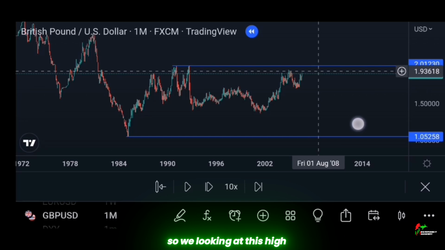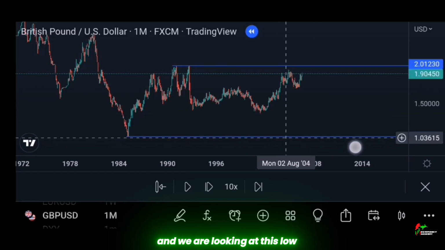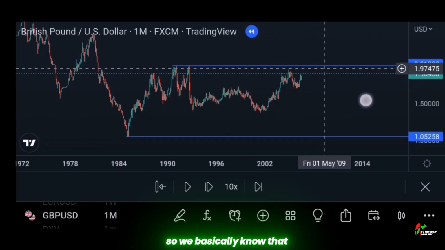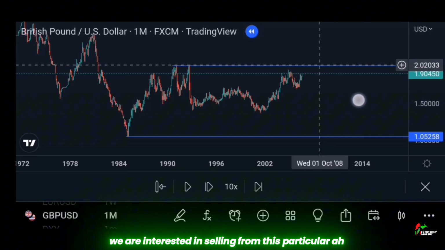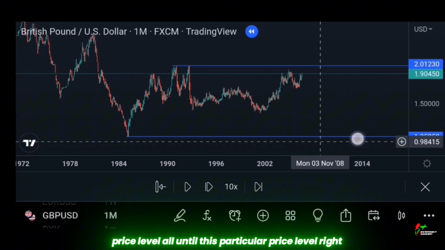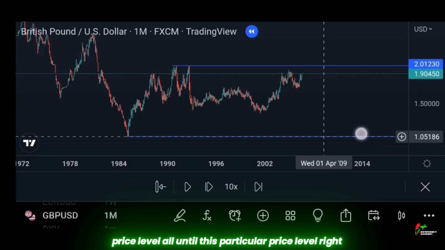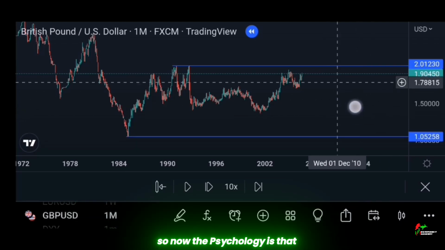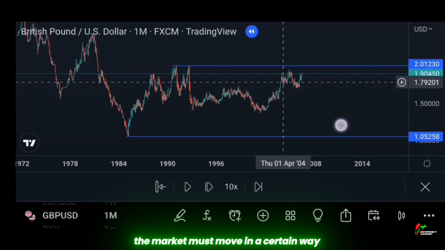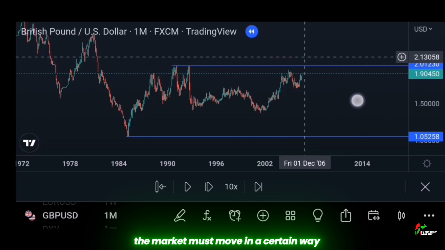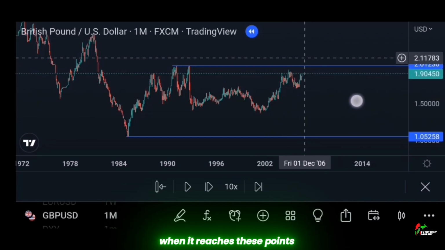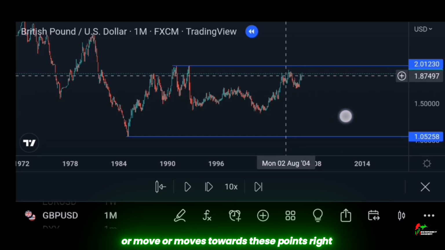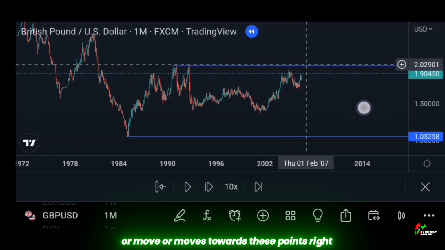We're looking at this high and this low. We know that we are interested in selling from this particular price level all the way until this particular price level. Now the physiology is that the market must move in a certain way when it reaches these points or moves towards them.